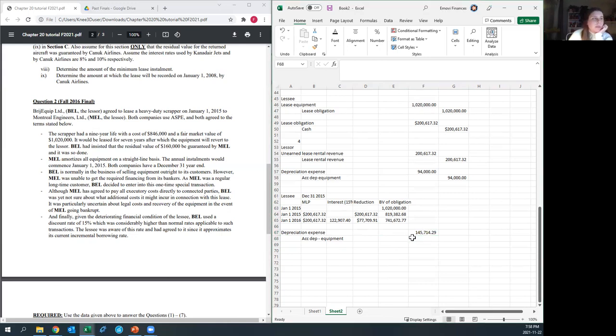Oh, sorry. It's the lease equipment amount minus your guaranteed residual amount. So minus $160,000. So your depreciation expense is going to be $122,000.